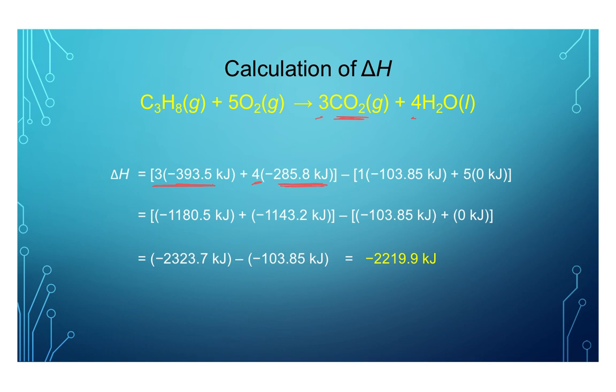Then I'm going to subtract, because these are heats of decomposition, not of formation, 1 times the heat of formation of C3H8 and 5 times the heat of formation of O2, which again is going to be 0 because it's in its natural state. Do the math, add them all up, and I get negative 22.19 kilojoules. That's the basics of heats of formation.